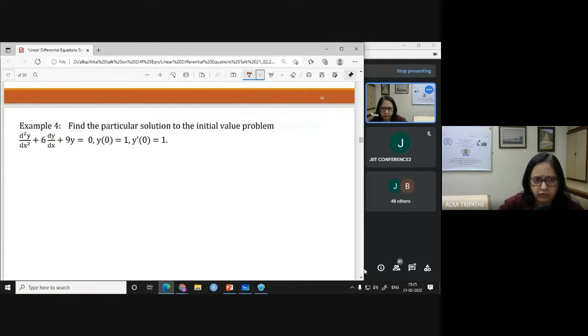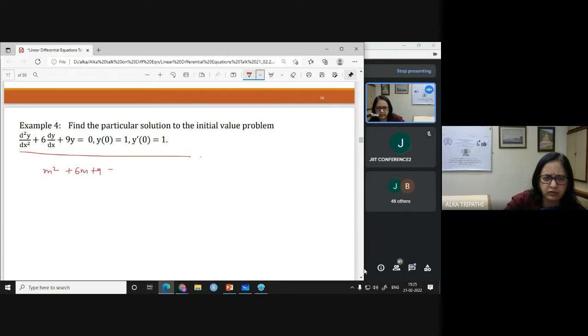For example, if you are having this value, this we have already solved. What was the solution of this? Okay, let me write it only. Auxiliary equation was m square plus 6m plus 9 equal to 0, or you can say m plus 3 the whole square equal to 0, m equal to minus 3. So y was equal to c1 plus c2x times e to the power minus 3x.